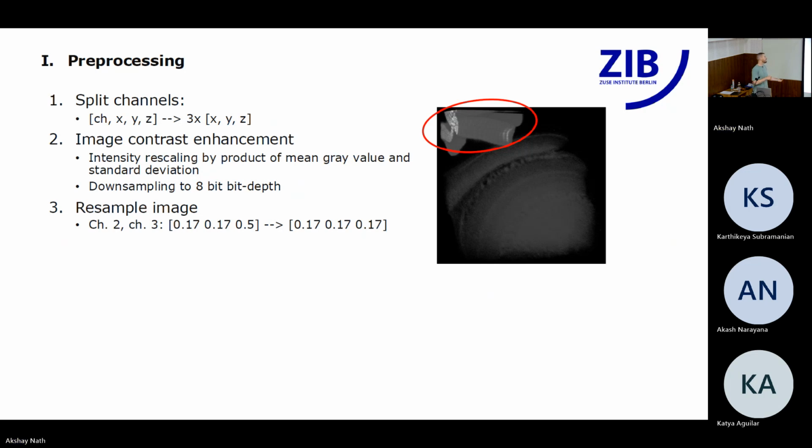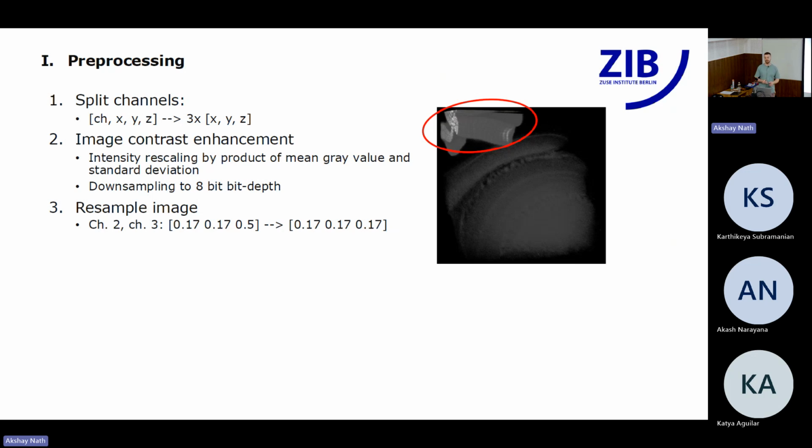So we have this 4-dimensional image that we basically just split by channels. So we get 3-dimensional images, one for each channel. Then we do some image contrast enhancement. As I said, we acquired the image at 12-bit, and 12-bit data is saved as 16-bit data, and it causes everything to just take so much more time.